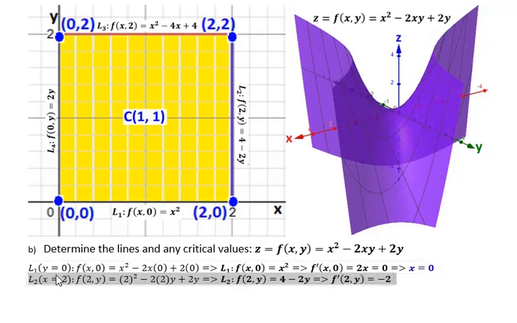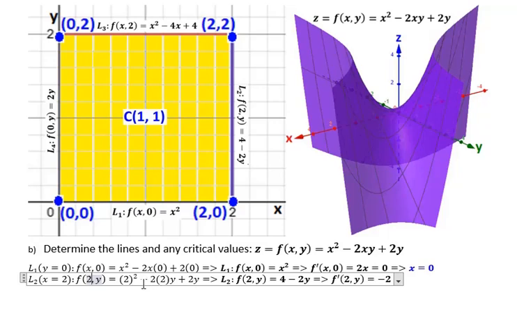Now let's look at line 2. On line 2, x is always 2 and y varies from 0 to 2. That means this is f of 2, y. X is always 2, so that is 2 squared minus 2 times 2 times y plus 2y.